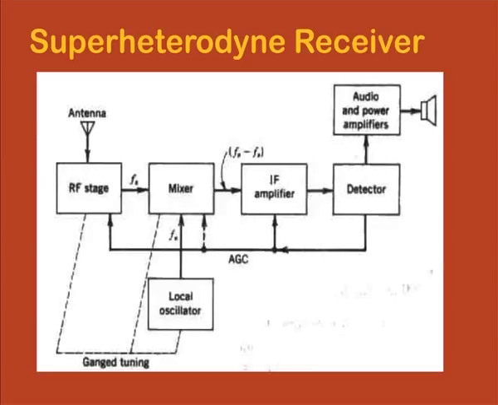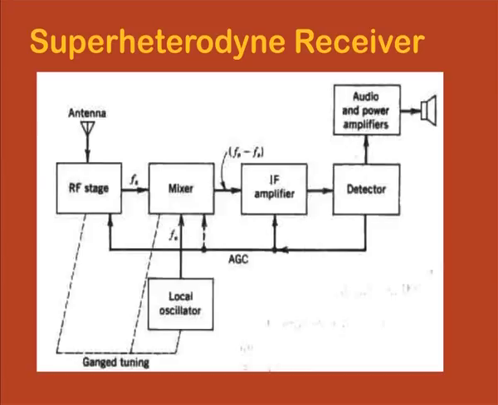So, signals are received by the antenna, and we see there is an RF stage which includes some amplification and filtering, and then this signal at the frequency Fs is fed to a mixer, which is also fed with the local oscillator frequency Fo, and the output of the mixer is selected to have only the difference frequency, which is Fs minus Fo, and this frequency we call the intermediate frequency, and the circuit from now on is designed for this fixed IF.